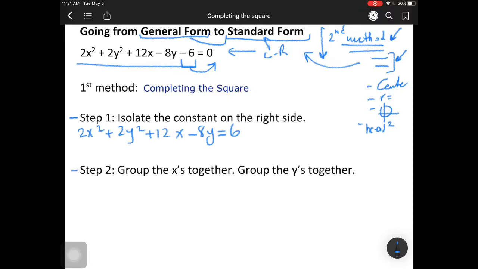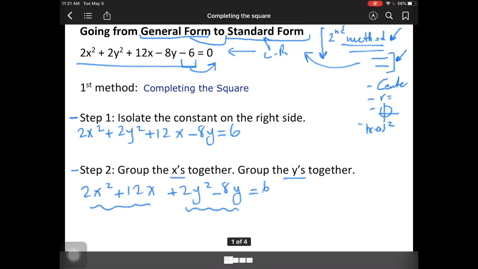The second step says group the x's together. So 2x squared, you bring the 12x next to it, and you group the y's together, plus 2y squared minus 8y equals 6. So here I have the x's together and the y's together.